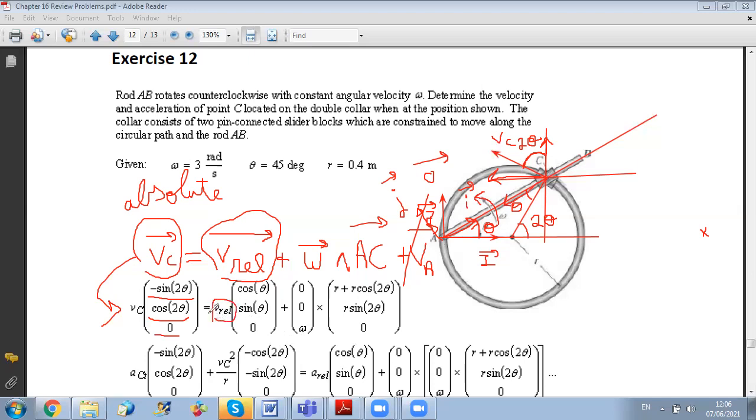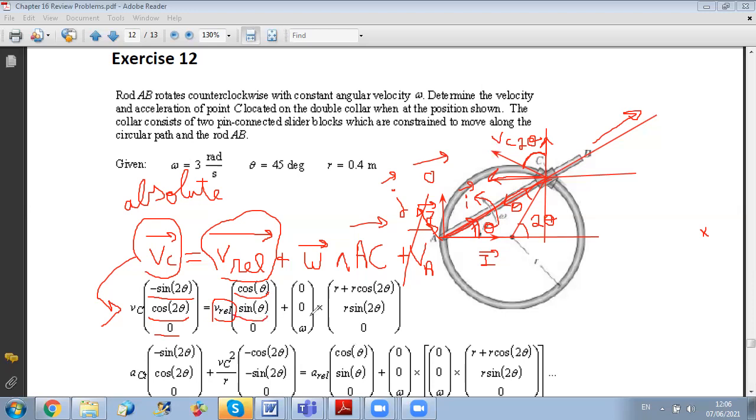So you can put equal to plus V relative times, and you project V relative on I and J. As you can see, V relative is along the rod. That means to project along I you should multiply by cosine theta. So here they assumed the collar is going upward, which is wrong. Then V relative comes out negative. So it's V relative times cosine theta along I plus sine theta along J.